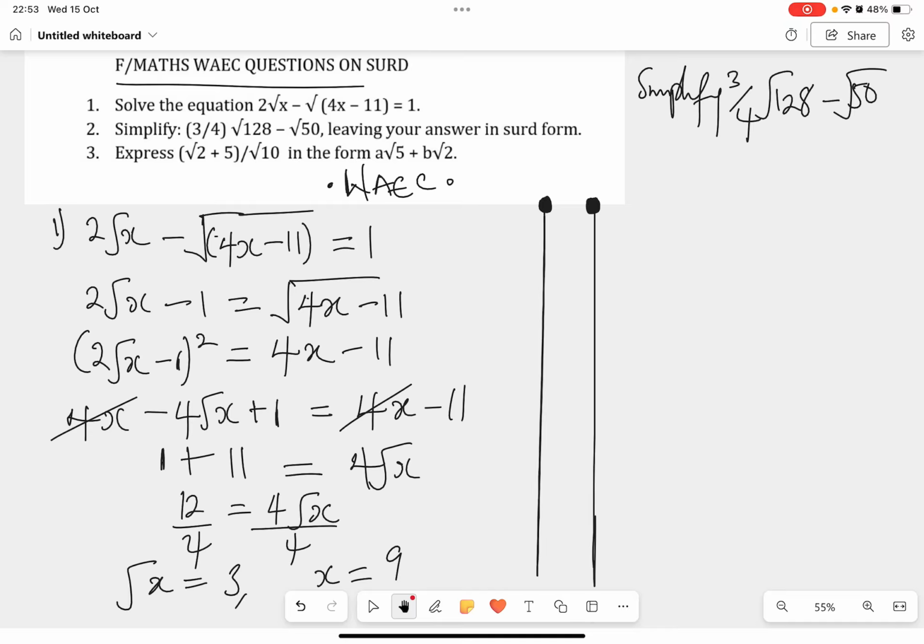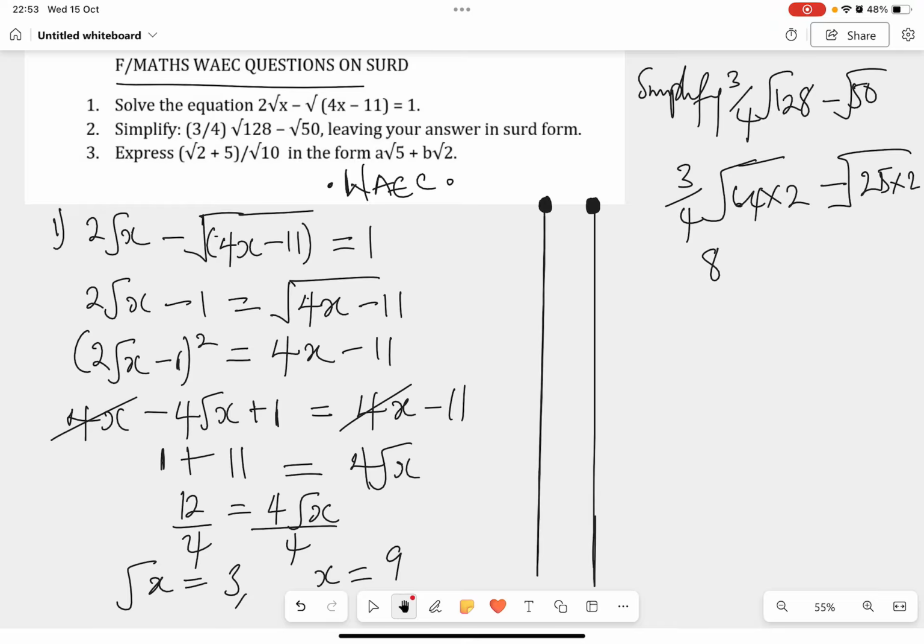What we can do here is simplify these surds and break them down very well. Let's find the perfect square inside each. We have 3 over 4, and the perfect squares are 64 times 2 minus 25 times 2. So these are the perfect squares inside.